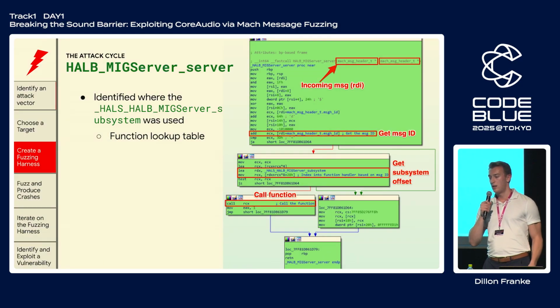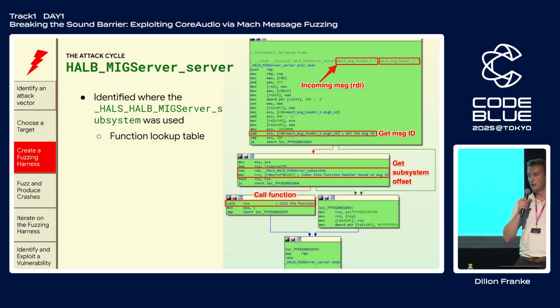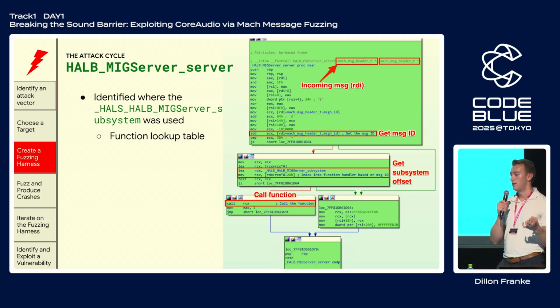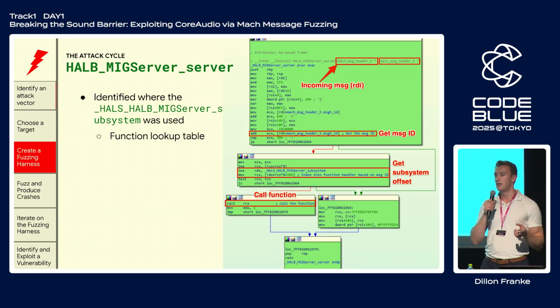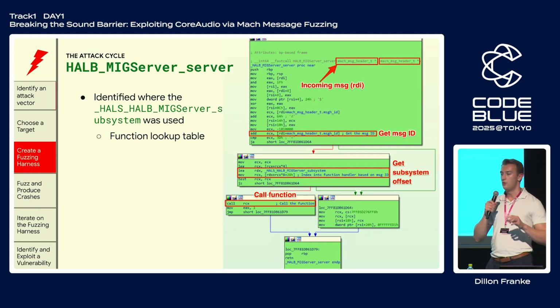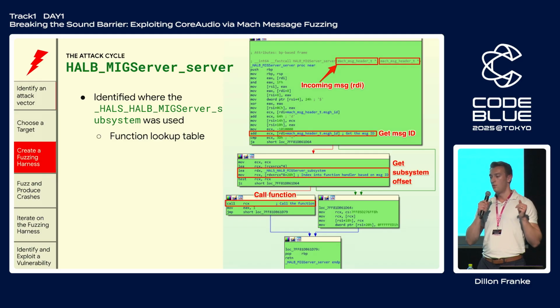So I identified where that subsystem was being referenced, and it's in this block, which you can see in IDA Pro here. We basically have an incoming message in the RDI register, and the message ID is being extracted from that. It's fetching a value within the struct, getting the subsystem offset, doing an index lookup for the MIG subsystem, and then calling a function based on that message ID.